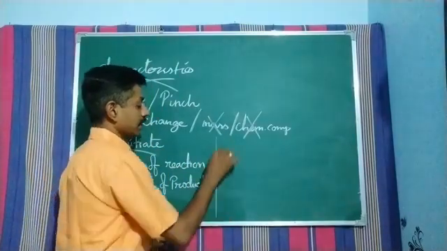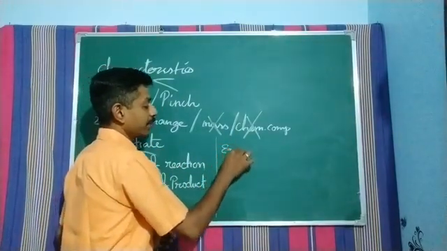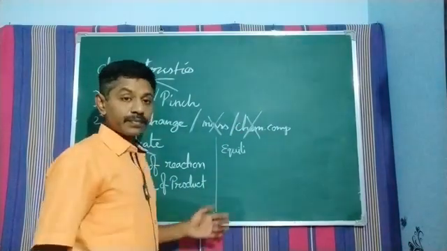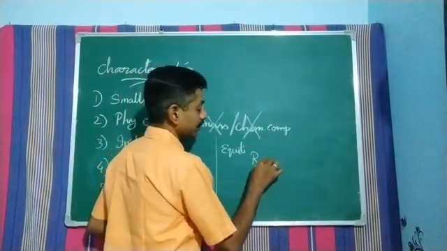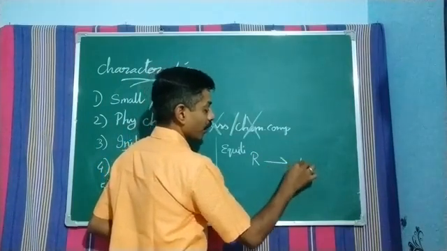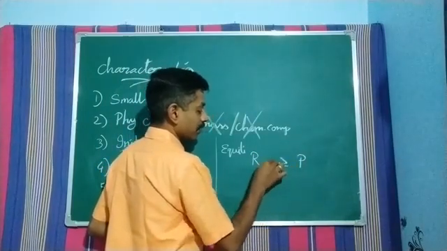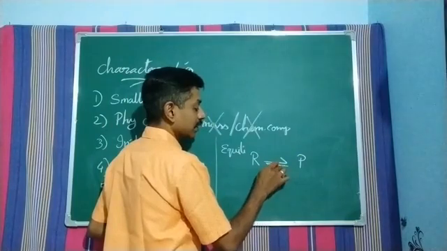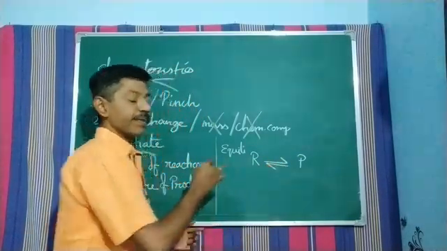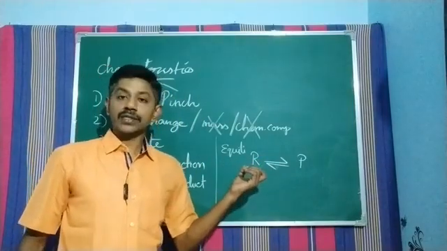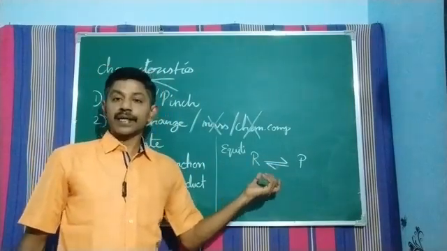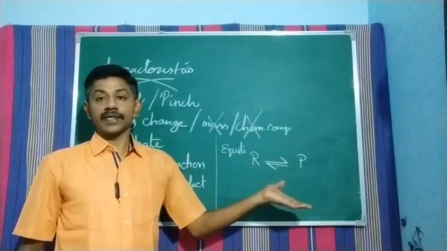The next one is if you go for equilibrium reactions. In equilibrium reactions, reactants will give products. After some time, products will go in the reverse direction to give back the reactants. In equilibrium reactions, the addition of a catalyst will increase the speed of the reaction.